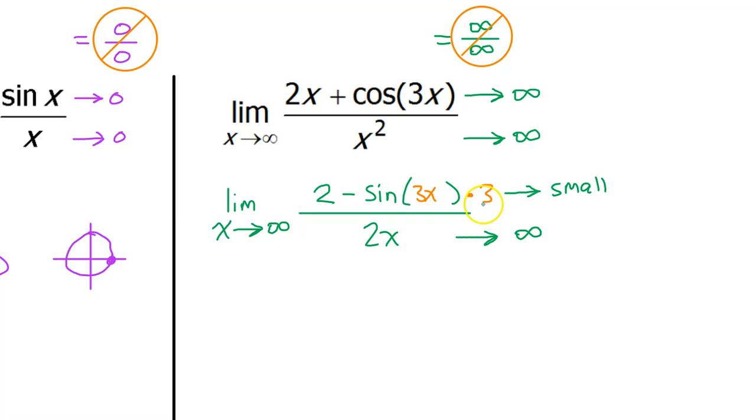So, multiplying by 3, this part stays between positive 3 and negative 3. So, the numerator fluctuates, but it stays small, while the denominator gets bigger and bigger. So, the overall value of the fraction is going to get closer and closer to 0. If the numerator stays small, while the denominator gets big, the fraction approaches 0.